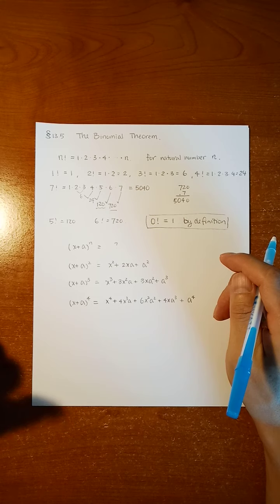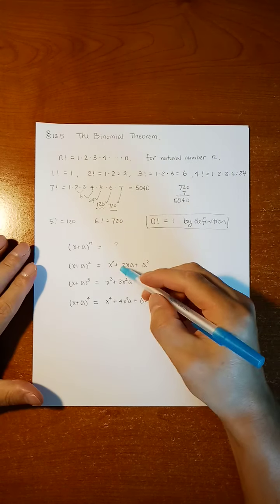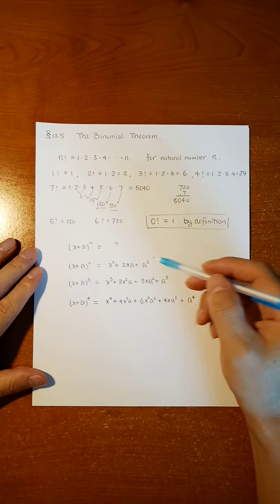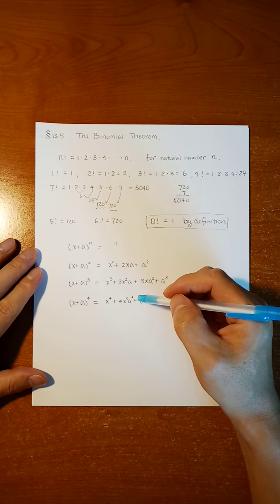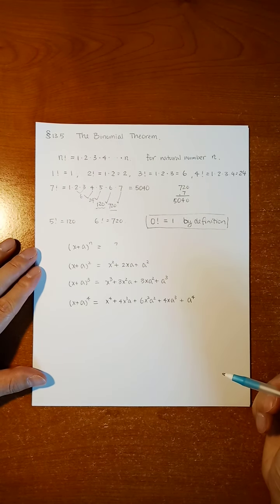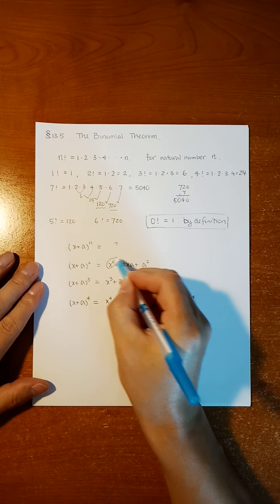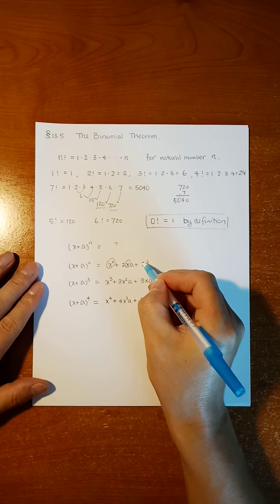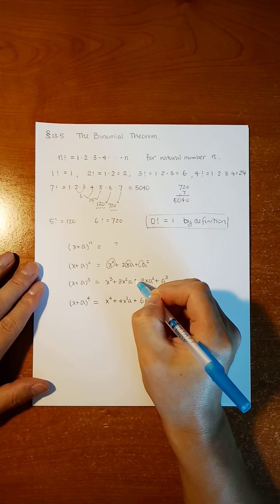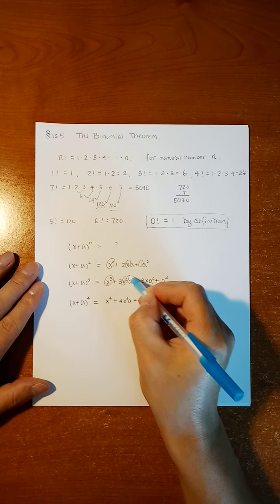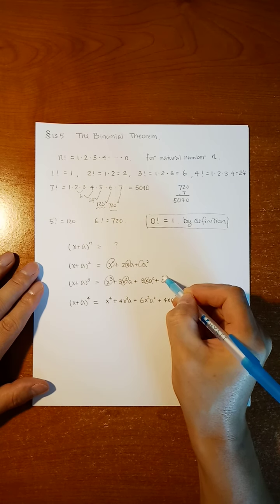Because so far we literally don't know what the expansion is. But just based on the current stuff, let's see the pattern behind the expansion. Let's observe from here. Here you have x squared, x, and no x. And here you have x cubed, x squared, x, and no x.